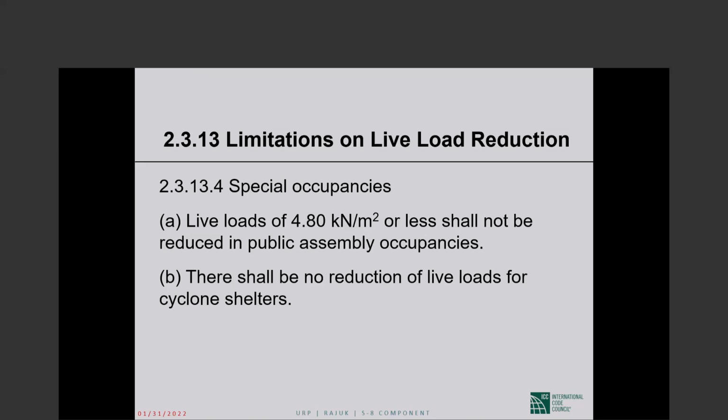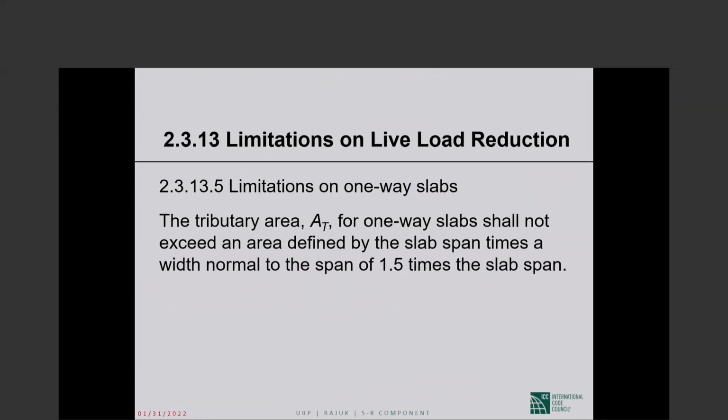This is in BNBC. So live loads of 100 pounds per square foot or less shall not be reduced in public assembly occupancies, and for cyclone shelters, no reduction of live load.